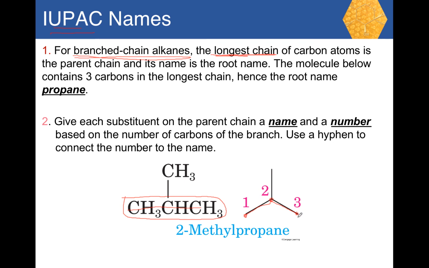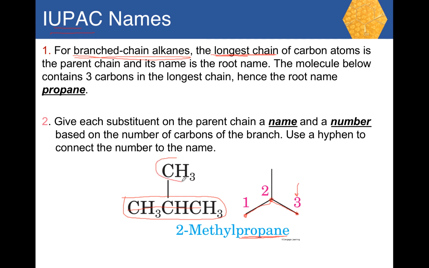Why do we number it? Because this 3 here will tell us a starting point for the name. That 3 would be for propane. So notice propane, that's part of the name. 3 becomes propane. However, it's not just propane because it's not a straight chain hydrocarbon.